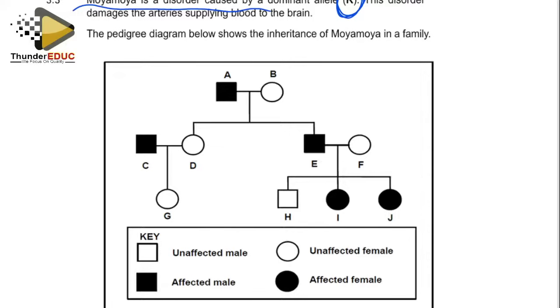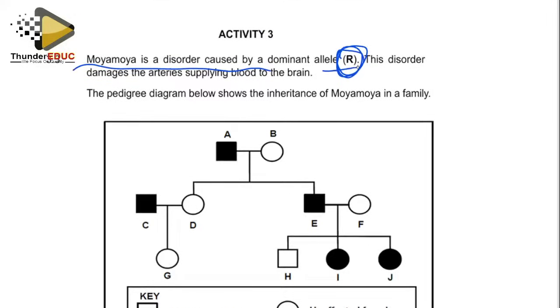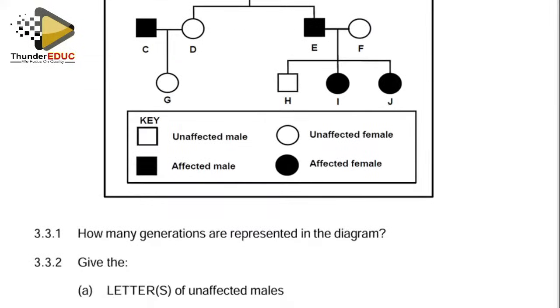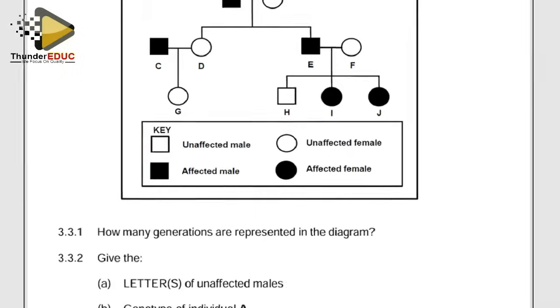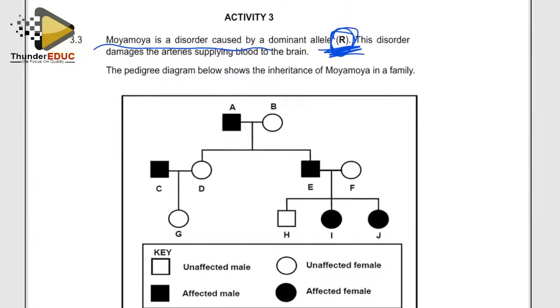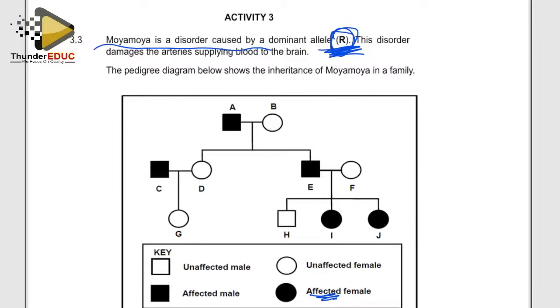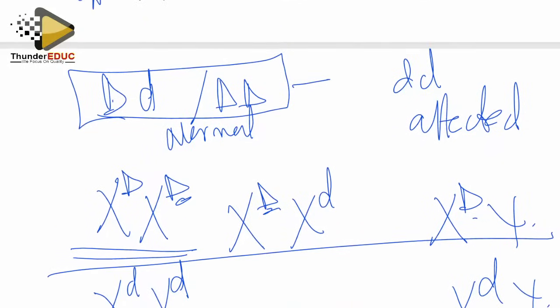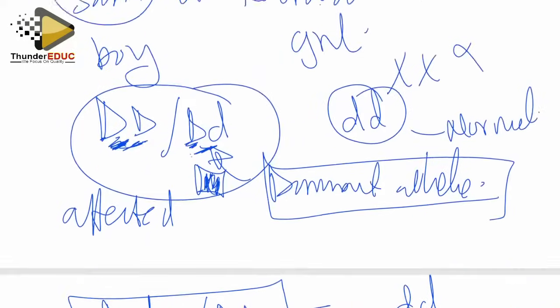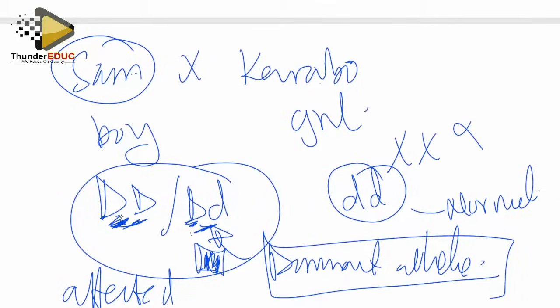Since they didn't, and it is caused by a dominant allele, what does it mean? It means that whoever is affected has a capital letter R. Whoever is affected has a capital letter what? R. You see? This is not sex linked, capital letter.